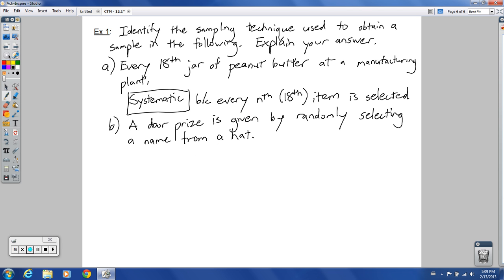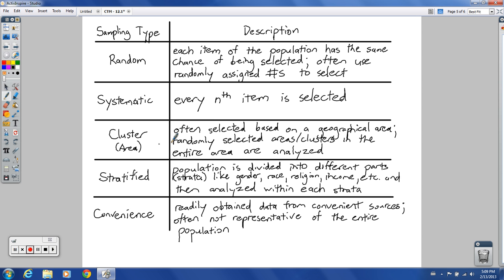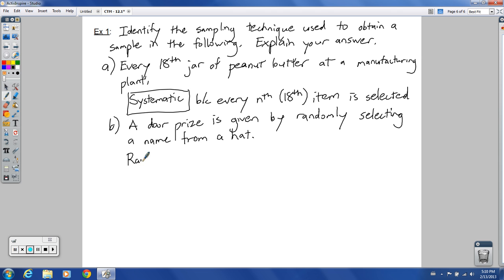If we go back to here, that sounds like not a cluster. You're not segregating the group into different areas. Stratified, we didn't separate people into male, female first, nothing like that. Convenience, no, because you're not taking everybody that's there. This is more of a random sampling type. So this is random. Why is it random?